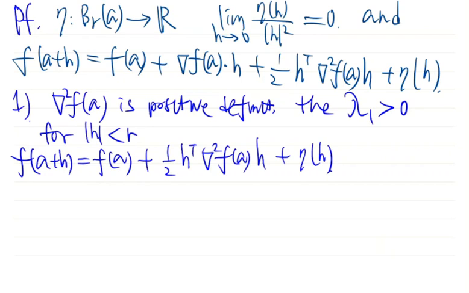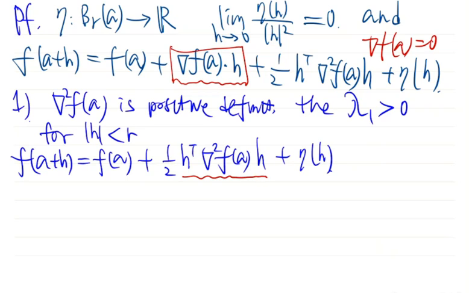Here the gradient term, the first order term, vanishes because A is a critical point of f. So the gradient of f at A is 0, and we don't need to consider this term. Now we use the first eigenvalue inequality for the symmetric matrix, that is the Hessian. We see that this will be greater than half of lambda 1 times the norm of h squared plus eta(h).